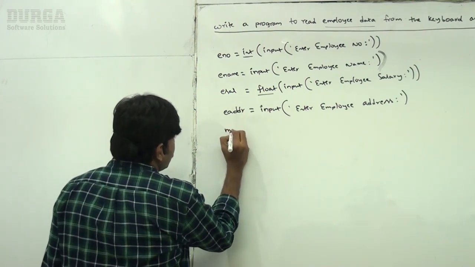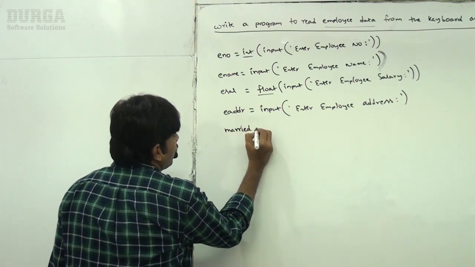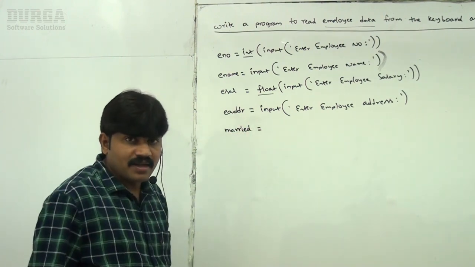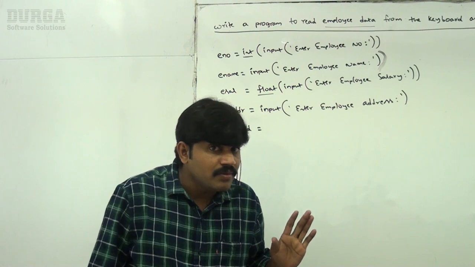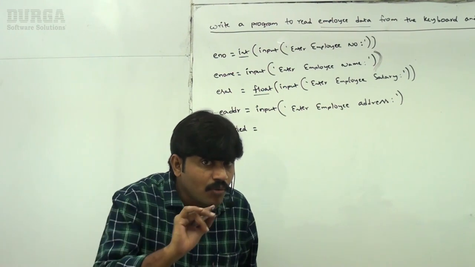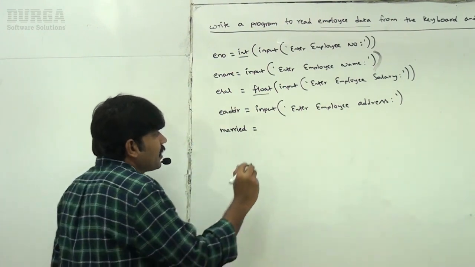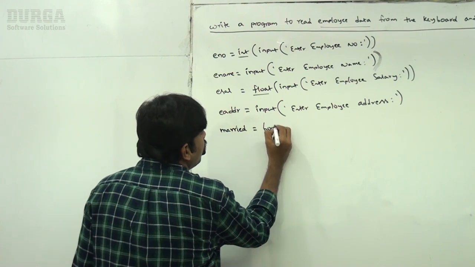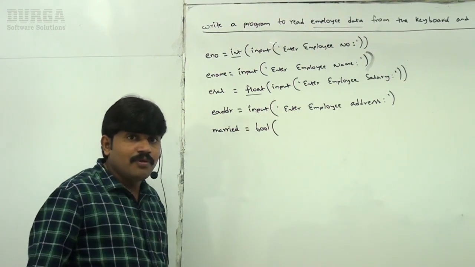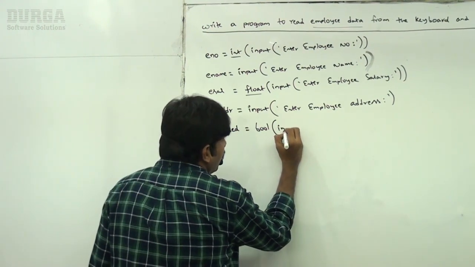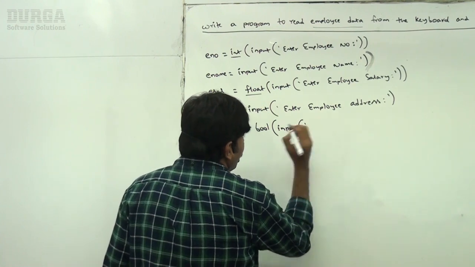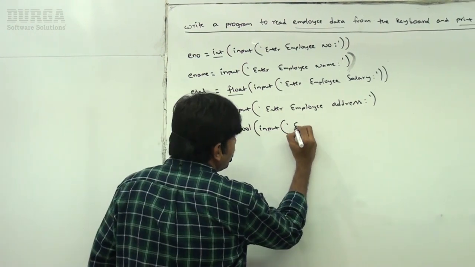Now, is the employee married or not? True or false? Take very special care. Here for this I'm using bool of input of enter employee married.